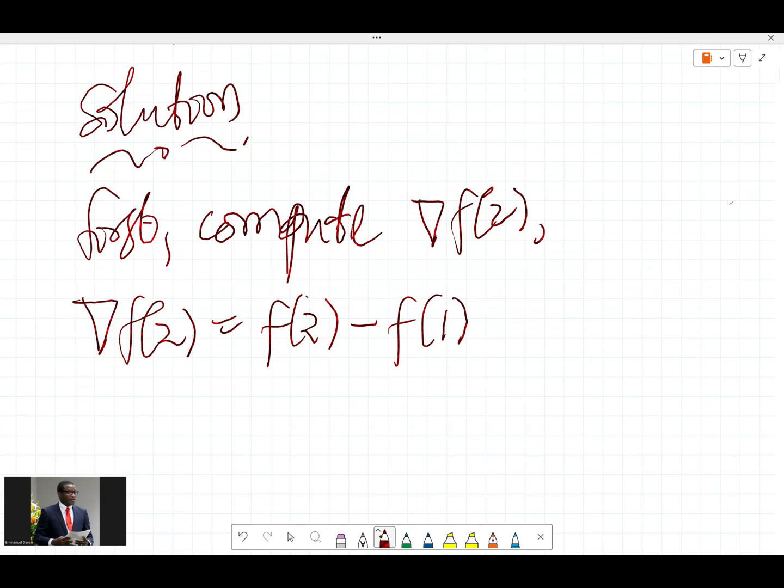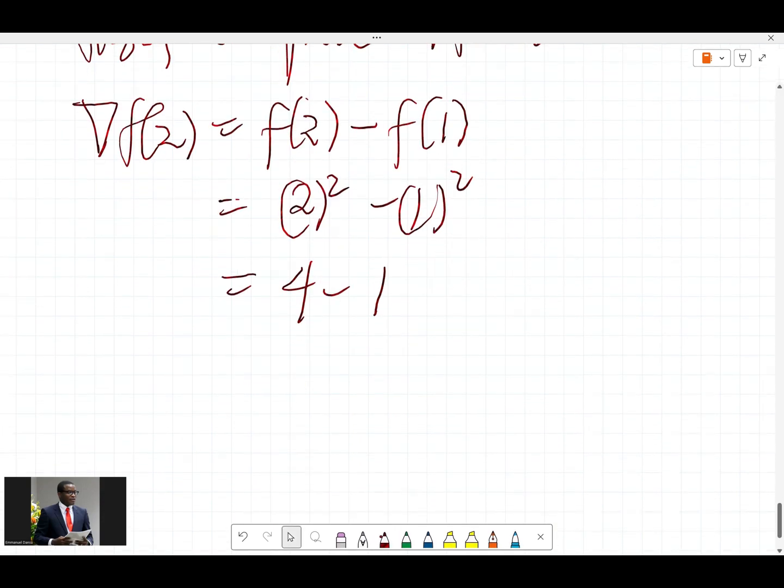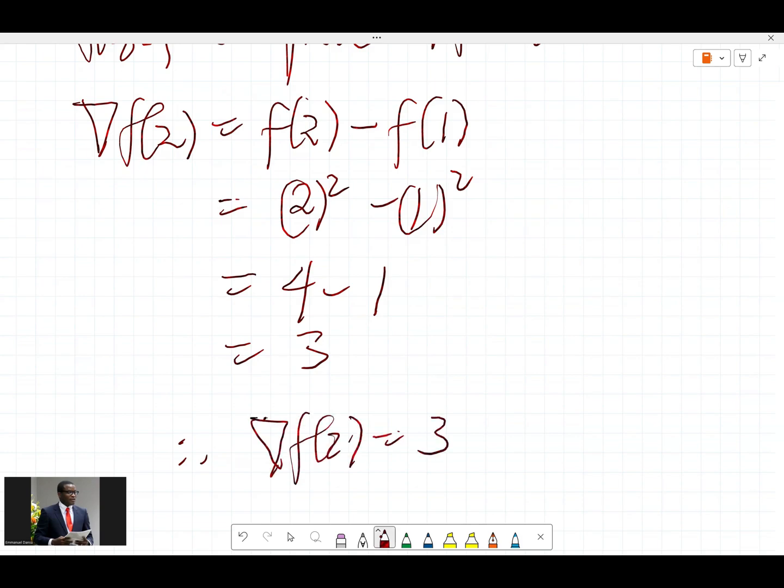So that means we have 2 squared minus 1 squared, which is 4 minus 1, so that is 3. Therefore, the backward difference of f of 2 is equal to 3.